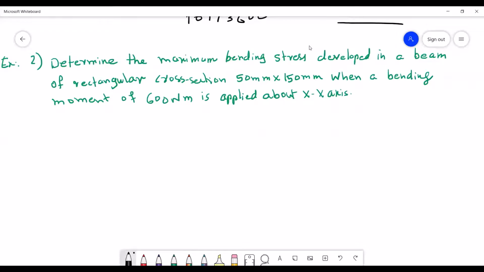Here B is given as 50 millimeter and small d, the depth, is given as 150 millimeter, and the bending moment is directly given as 600 Newton meter.